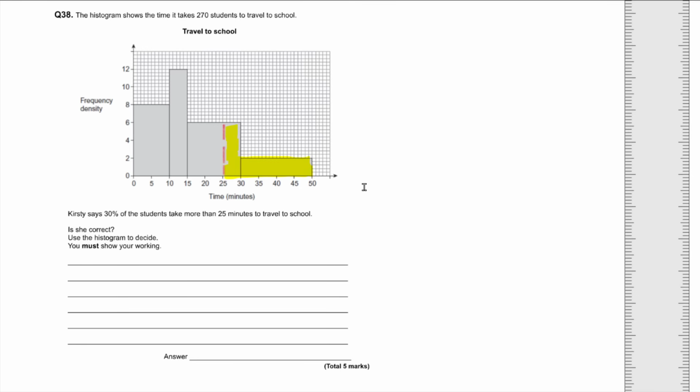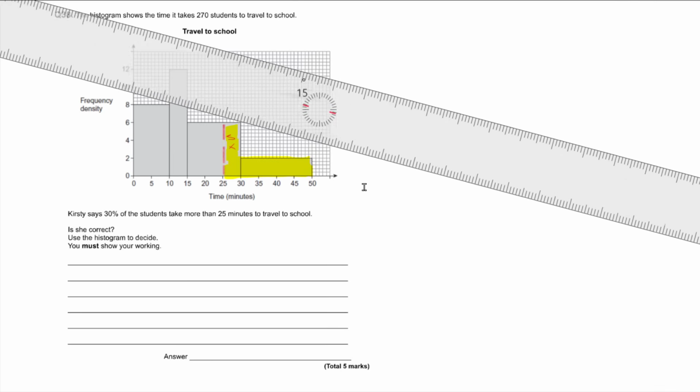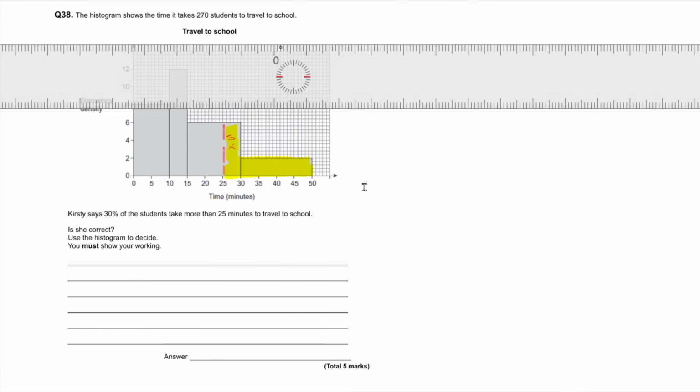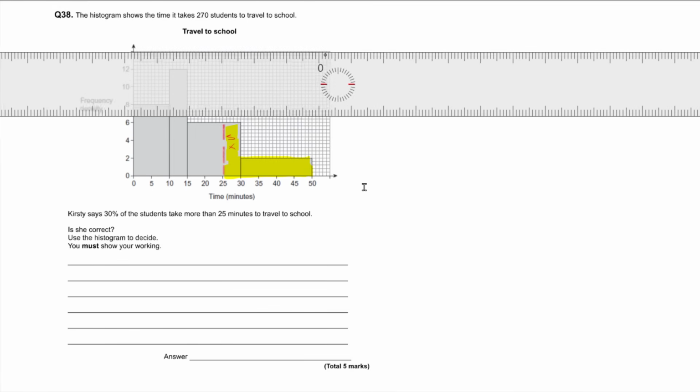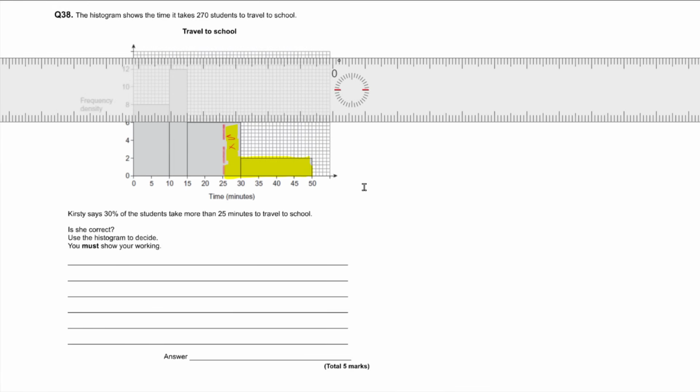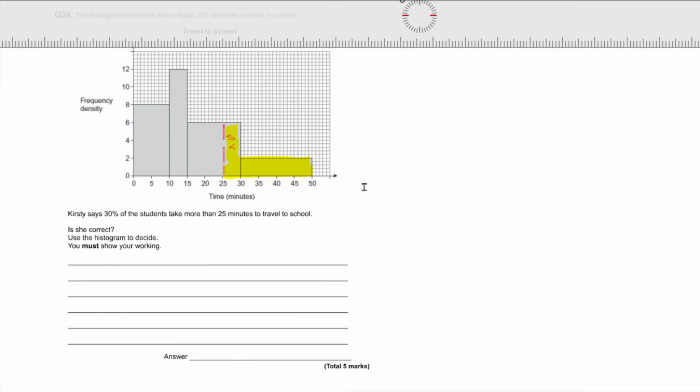Right, so the first bar has got a width of 5 and a height of, what's that, 6? Just double check that is 6. Yes, it looks like 6. So that's going to be a height of 6. So 5 times 6, that's 30.